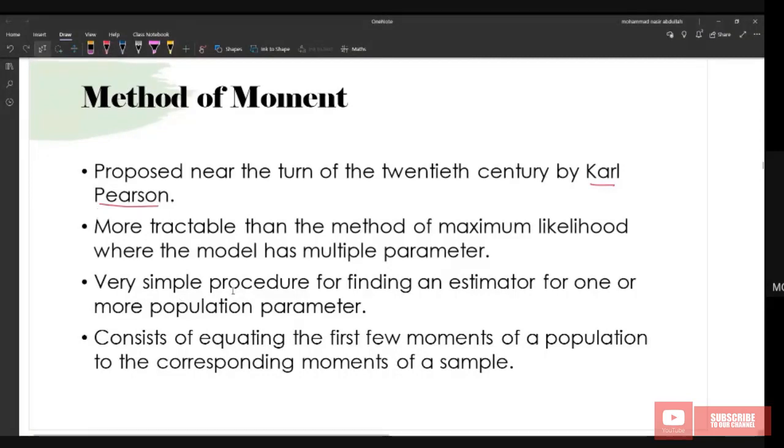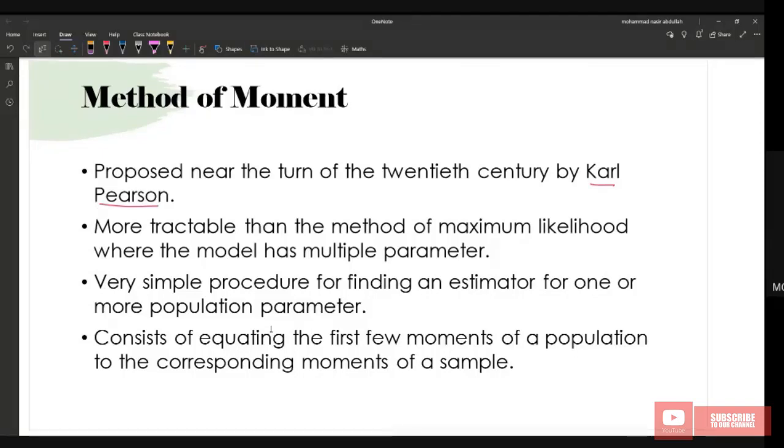So it's a very simple procedure for finding an estimator for one or more population parameters. This is under the method of moments, right? It consists of equating the first few moments of the population to the corresponding moments of the sample.